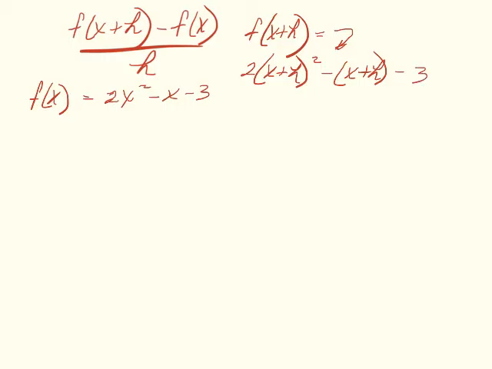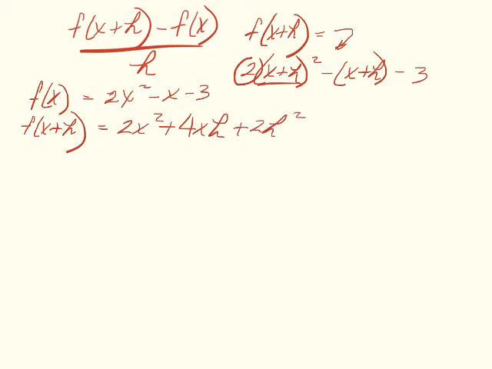Okay, so when we do all the math, when we take this and do the FOIL method, multiply it by the 2, subtract x plus h from that, we end up getting f of x plus h as 2x squared plus 4xh plus 2h squared minus x minus h minus 3. So we get that whole mess there.